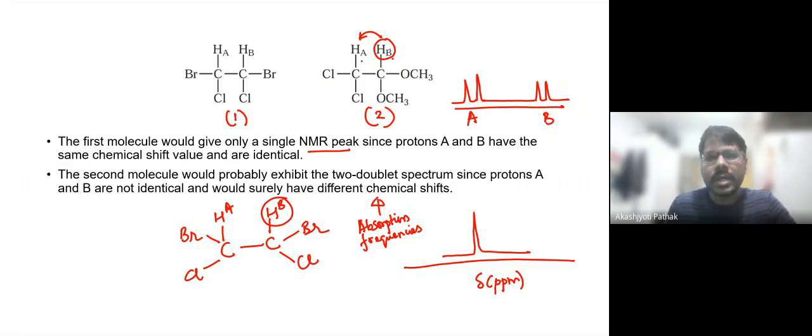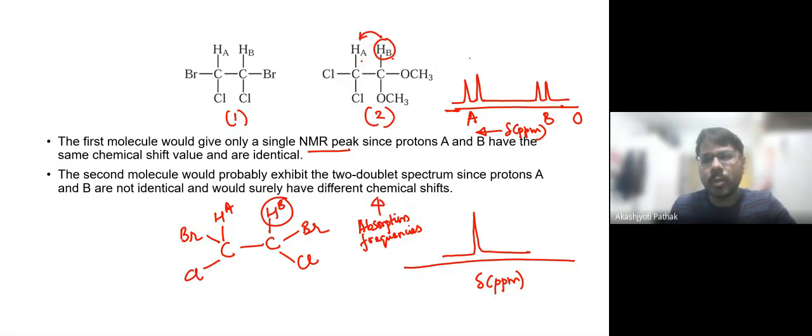Now this proton will cause an n+1 splitting of the HA proton, and similarly, this HA proton will cause a splitting of this HB proton. So you will again get a doublet of the proton B. This is your delta ppm, so it goes in this direction, right? From 0 ppm, as you go from right to left, your ppm increases in an NMR spectrum.